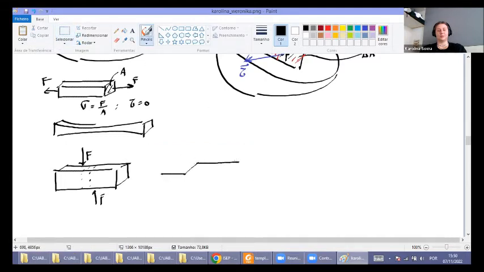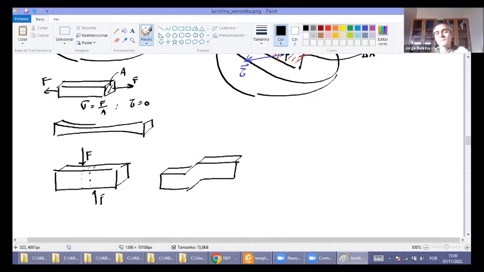Something like this, but you can see it. And this is the shear. It's like a scissor. The scissor cuts the paper like this. It takes the two sheets and makes something like this.